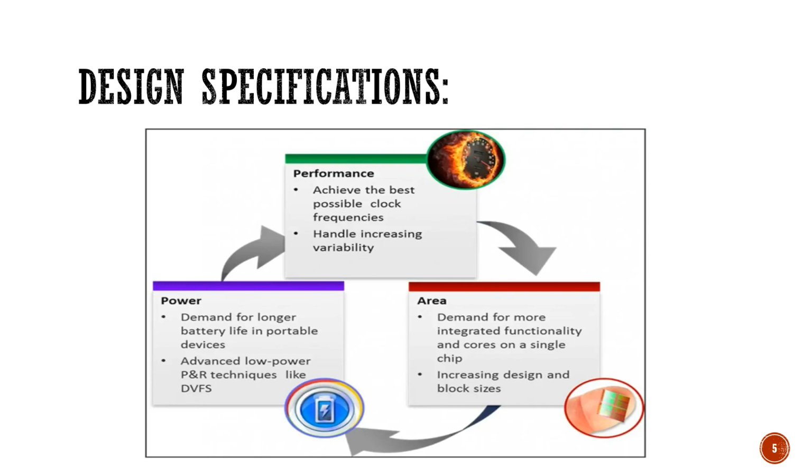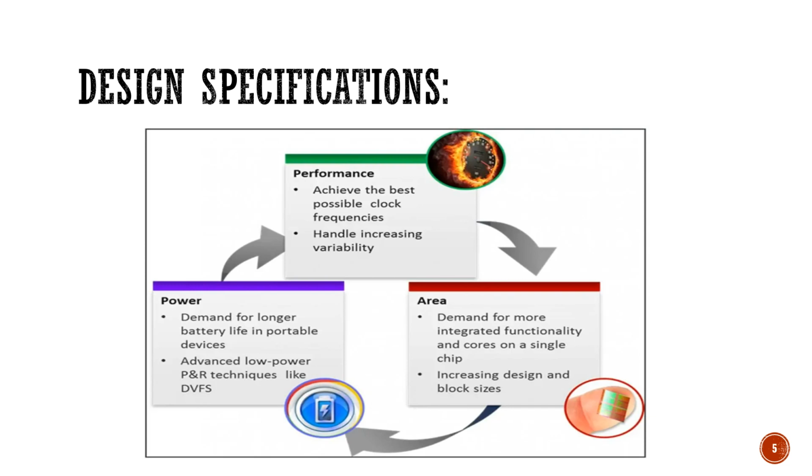And regarding power, it is going to demand long battery life in portable devices, and it shouldn't consume a larger amount of power dissipation. So these 3 parameters are the major parameters that need to be concentrated on while you are designing your specification based on the customer requirement.